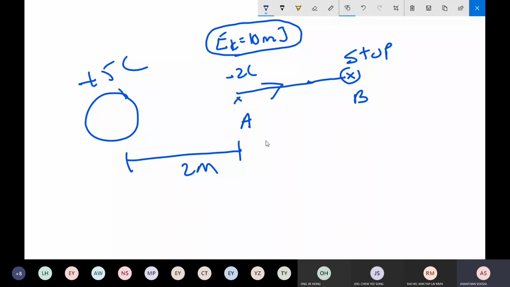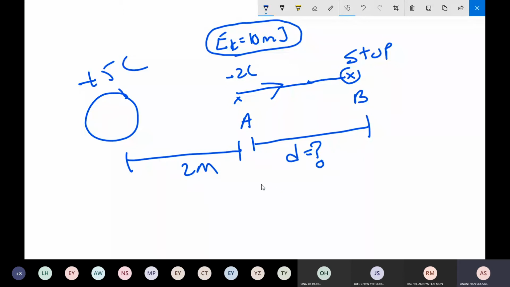The question is, what is the distance at which you're going to stop? I put this as D. So how do you find this distance?